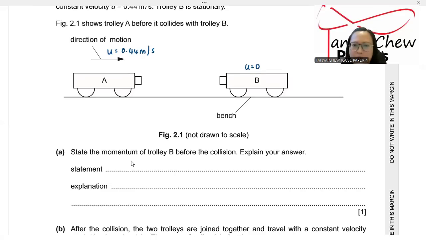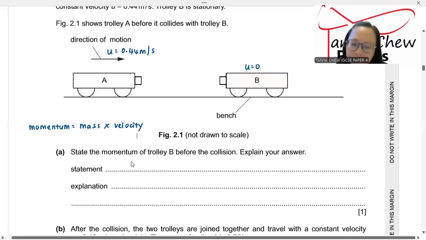No. If the trolley has mass and is not moving, the trolley has no momentum. Because momentum, I write this down for you, is equal to the product of mass and velocity. So what makes momentum so complicated? It is because momentum is a vector quantity. The vector makes momentum complicated.